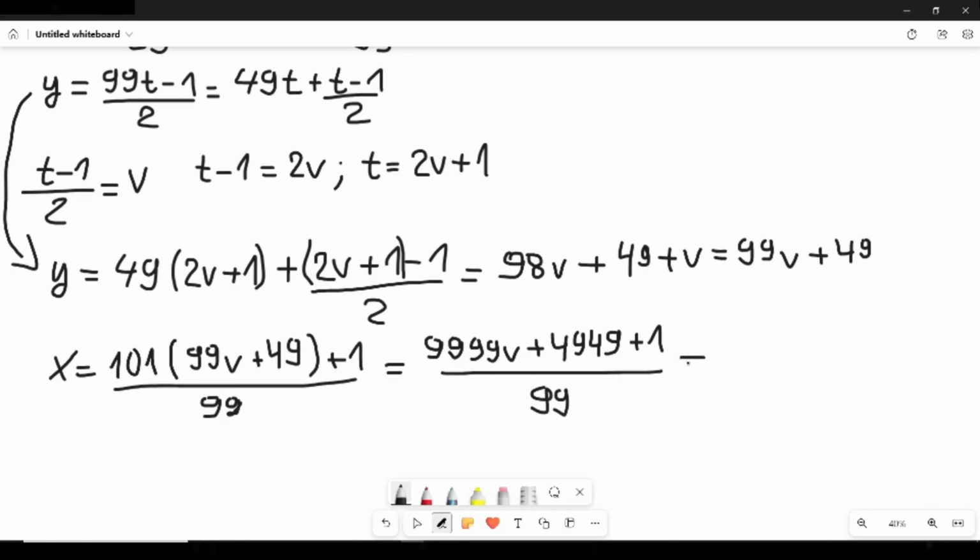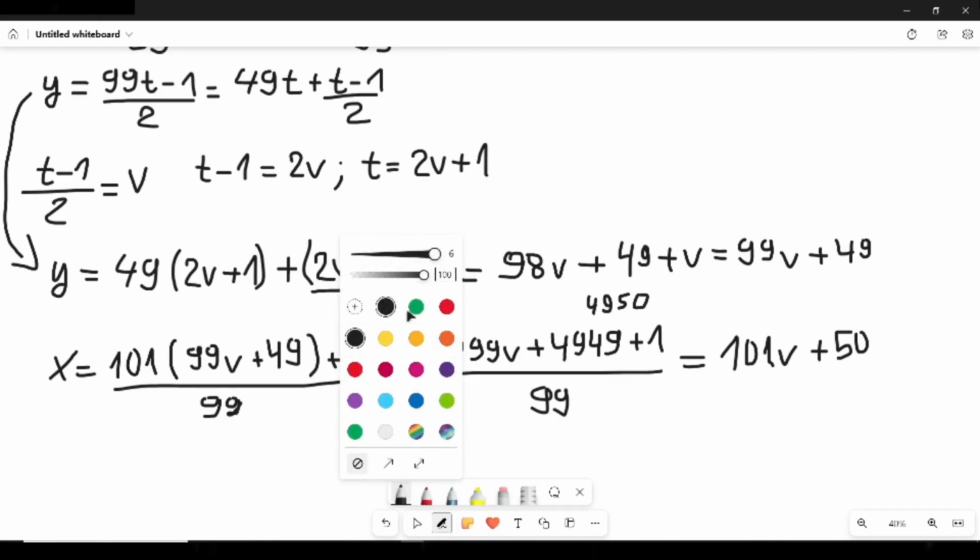And from that we know that both numbers can be divided by 99, so we can just write simply 101v plus 50, because 4,950 can be divided by 99.